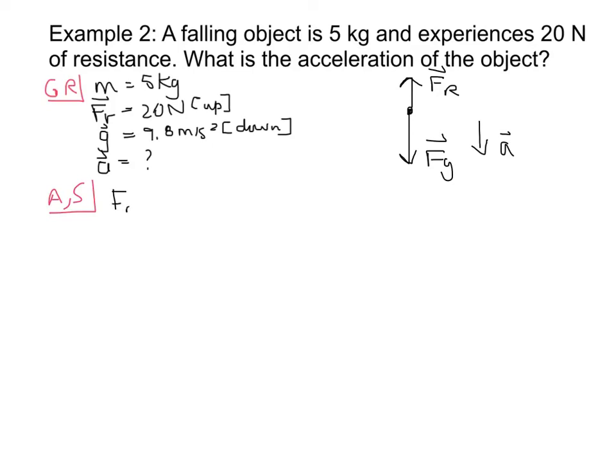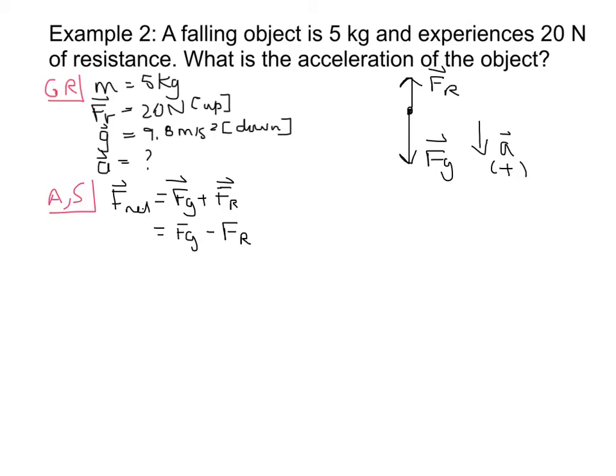So we have here that F net is the force of gravity plus the force of the resistance. And I'm going to add also to this diagram here that the acceleration downwards is also going to be our positive direction. So I'm just going to nicely rewrite this as Fg minus the magnitude of Fr, since Fr is upwards.